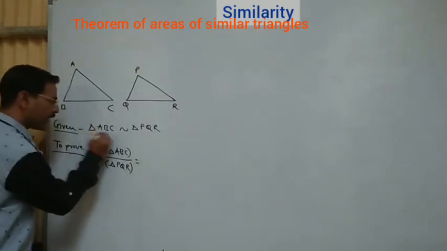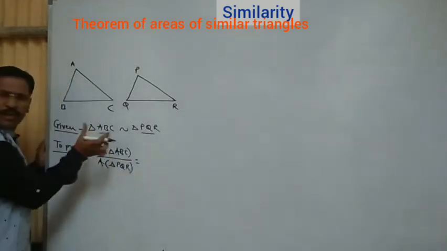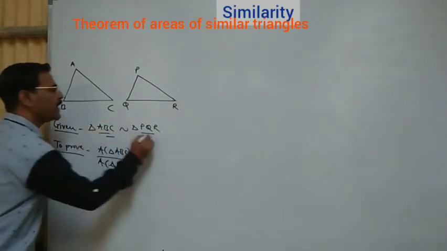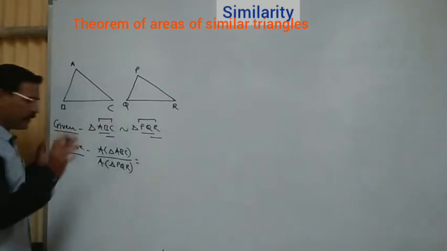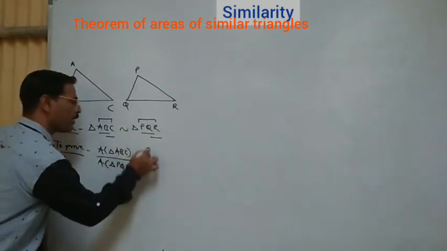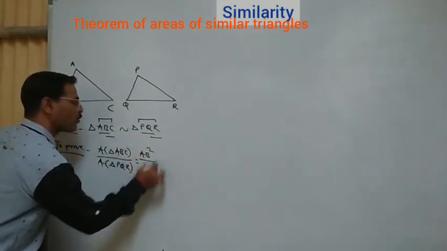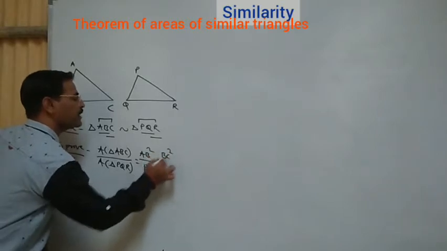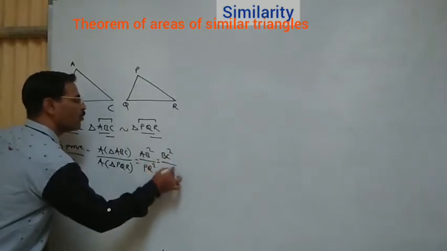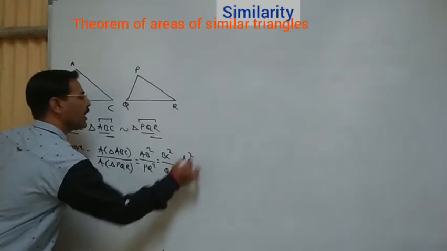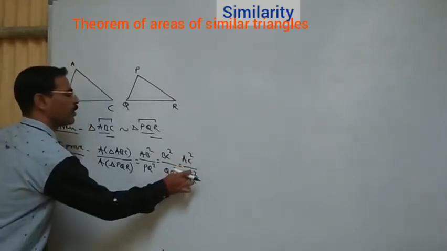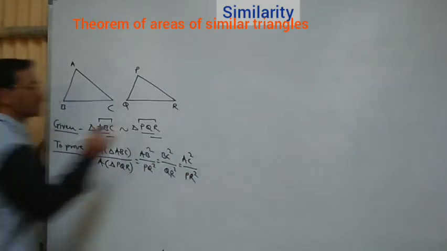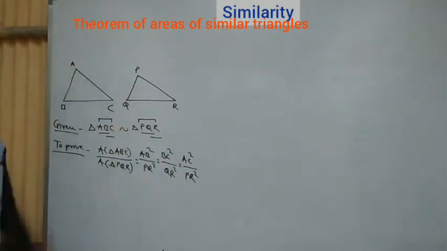The corresponding sides AB, PQ, these two are corresponding. Or you may take BC, QR. Or you may take AC, PR. So we'll take AB square upon PQ square, or BC square upon QR square, or AC square upon PR square. This is the part which we have to prove.